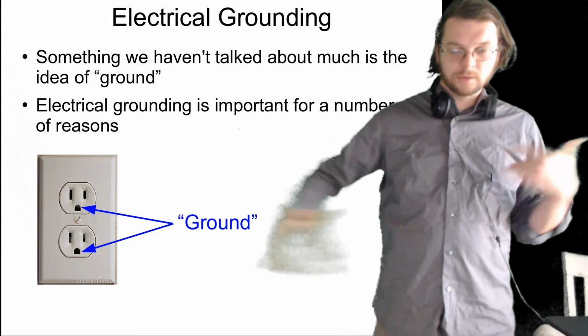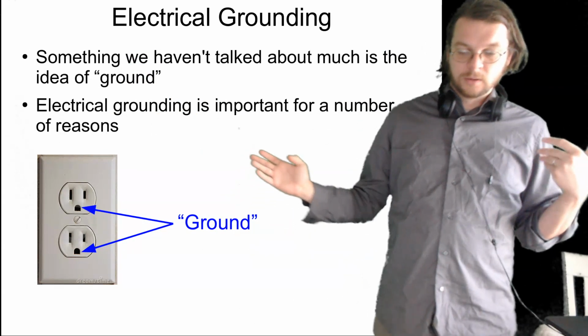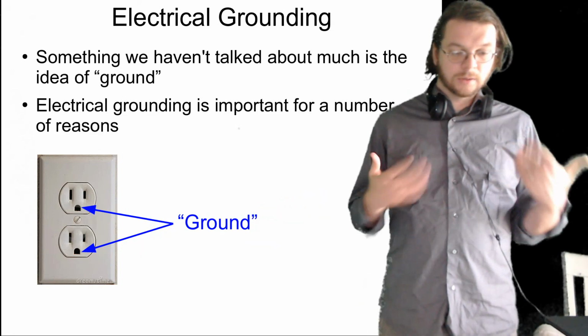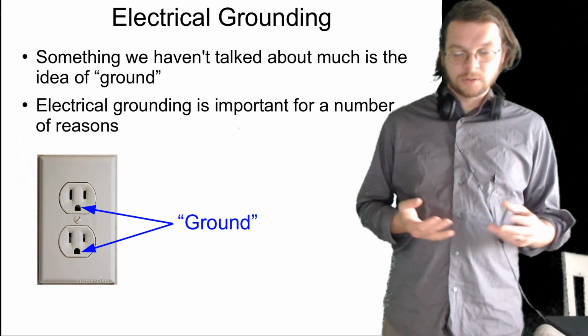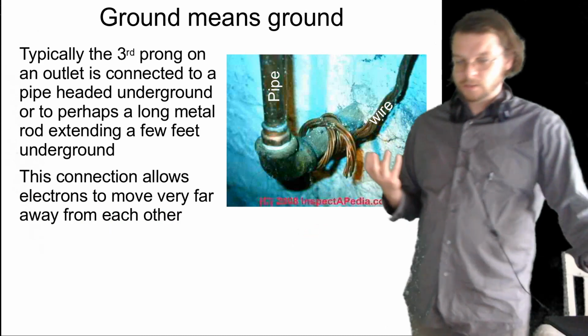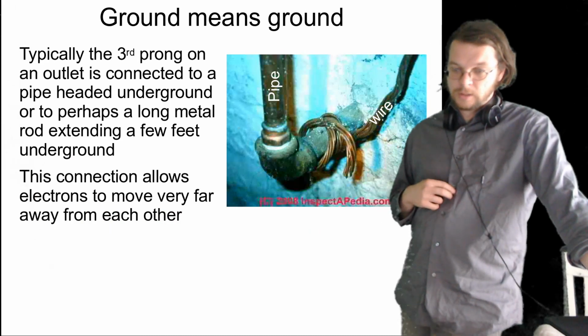If there's any excess of negative charge, it's going to move away from that. Pretty soon it's going to be very, very far away from wherever it started, and effectively the electric potential is going to be 0, and so that's why we say that ground is 0 volts. So again, I think this is most important on equipment that's actually moving around.